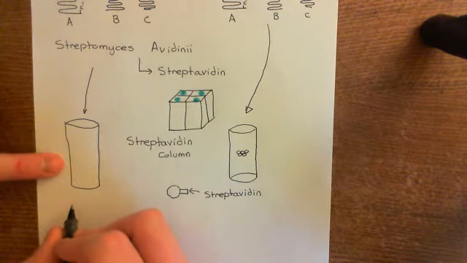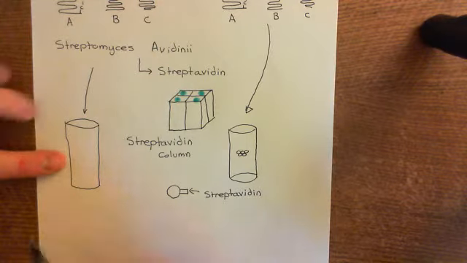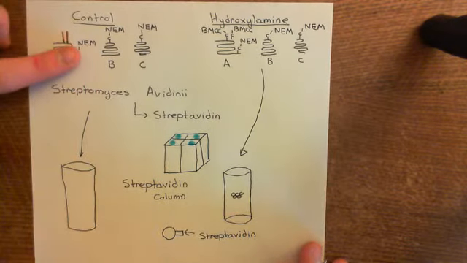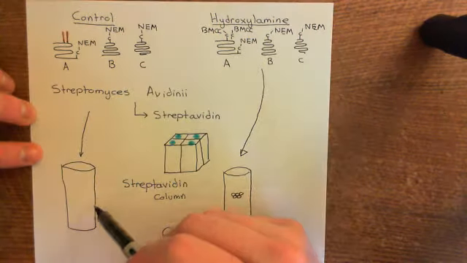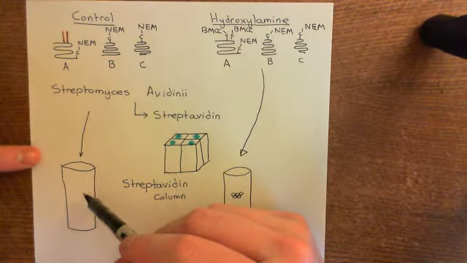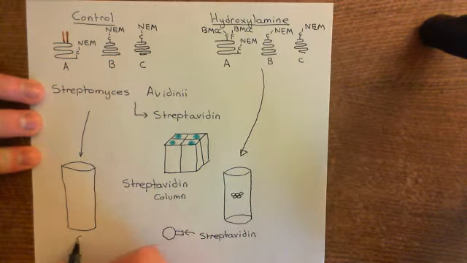So protein A is not bound to the beads in the control. Protein B has also gone straight through. It doesn't have BMCC molecules bound to it, so it goes straight through. Protein C, however, may well have bound to the beads, let's say. So protein C is bound to the beads in this case.